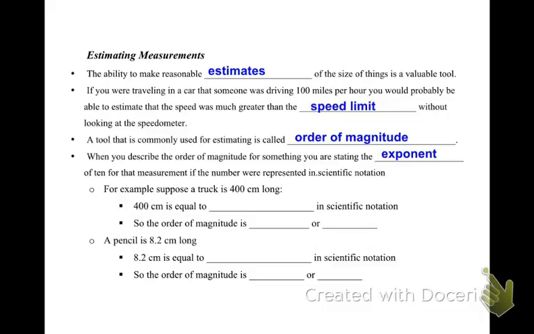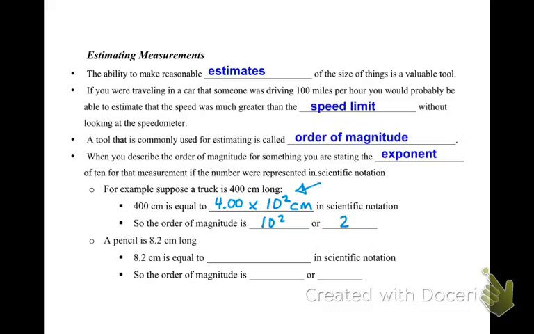If we have a truck, maybe a decent sized truck, it's 400 centimeters long. 400 centimeters is equal to 4.00 times 10 to the second centimeters. So the order of magnitude would be either 10 to the second or 2. Either one. So order of magnitude is simply the factor that you're multiplying by.